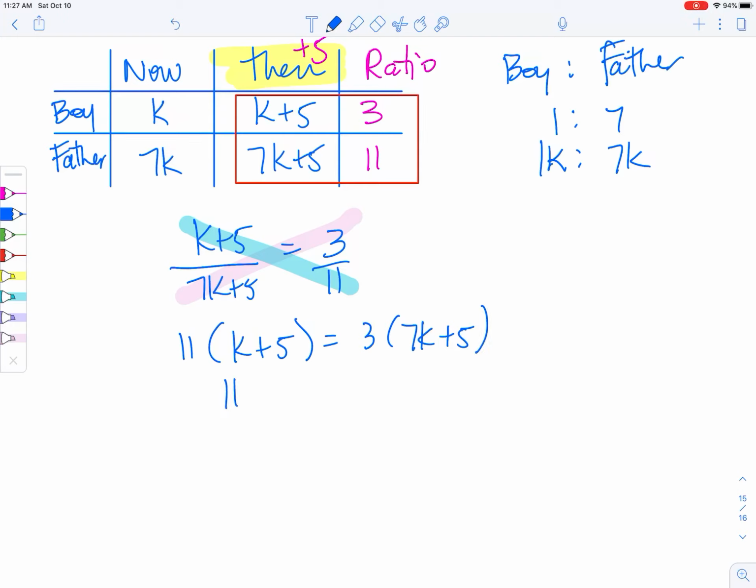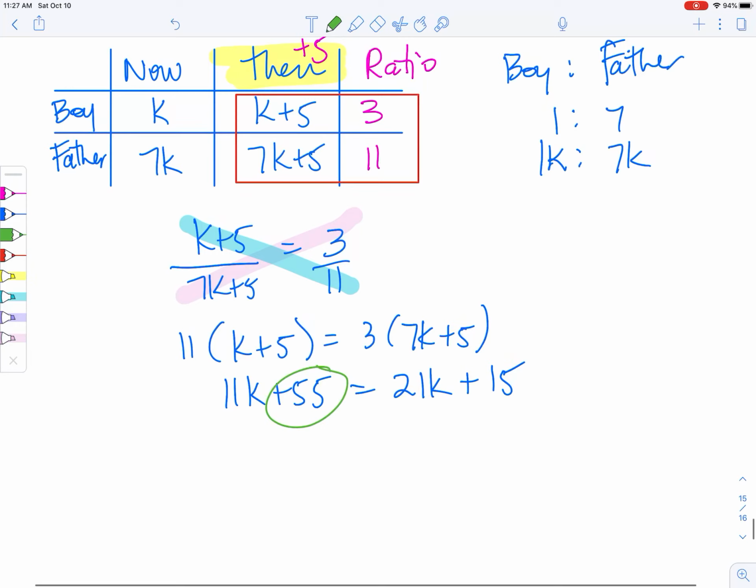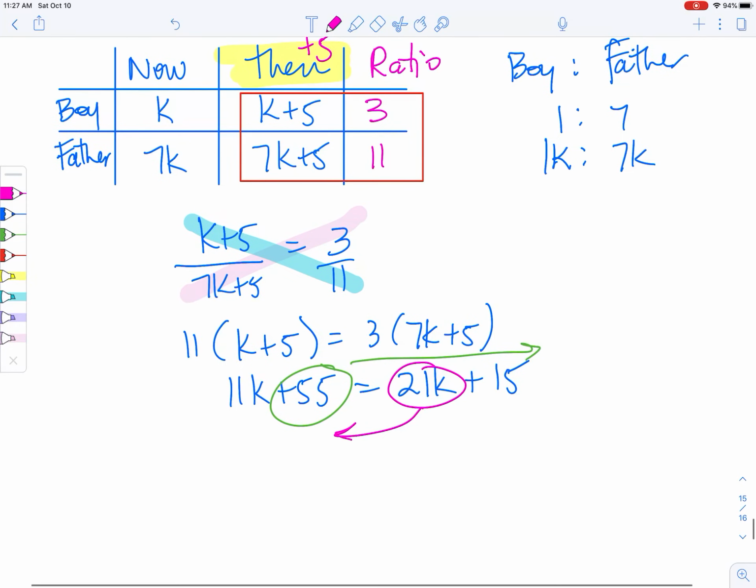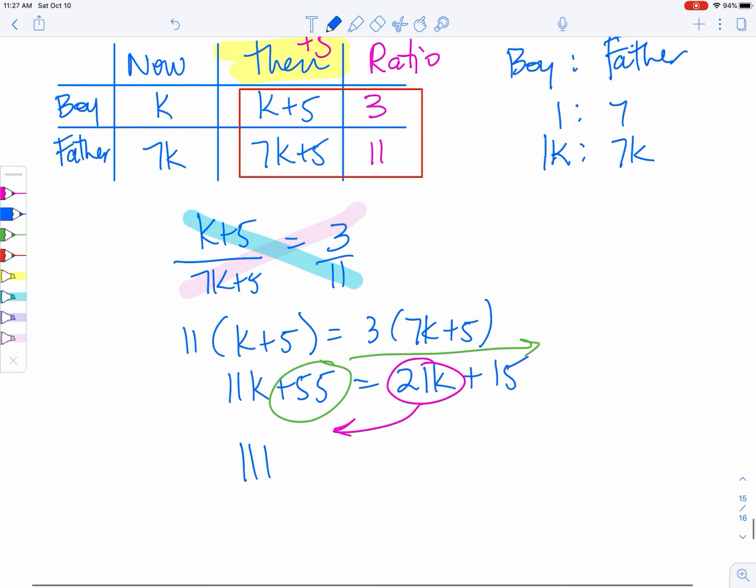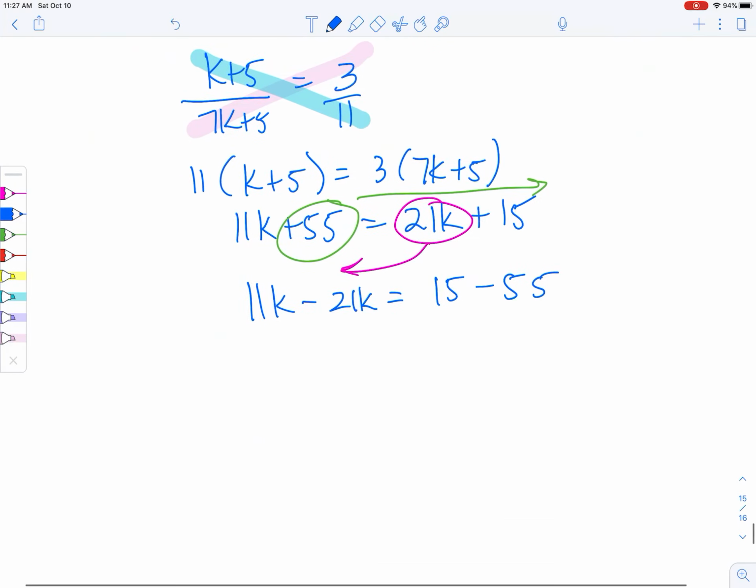So distribute the 11 gives 11K plus 55 equals 3 onto 7K is 21K, 3 onto 5 plus 15. I'm going to bring the plus 55 over to that side and the 21K over to this side. So 11K minus 21K is going to equal 15 minus 55.